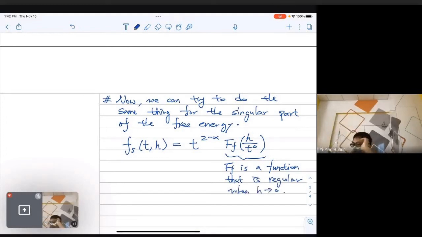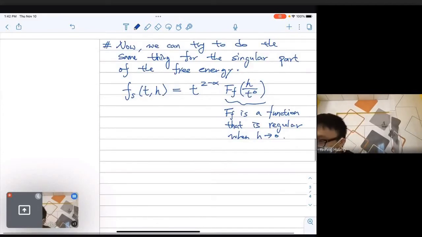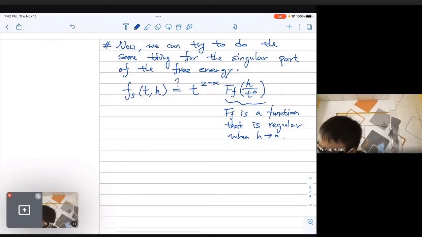At this point, I'll pause and ask a question: why do we want to guess that the singular part of the free energy has this form?